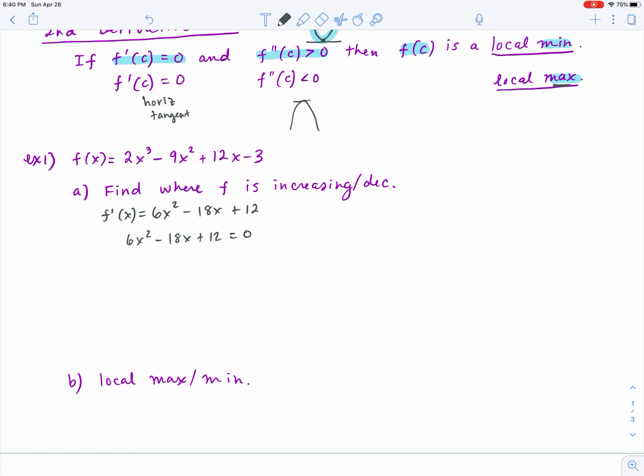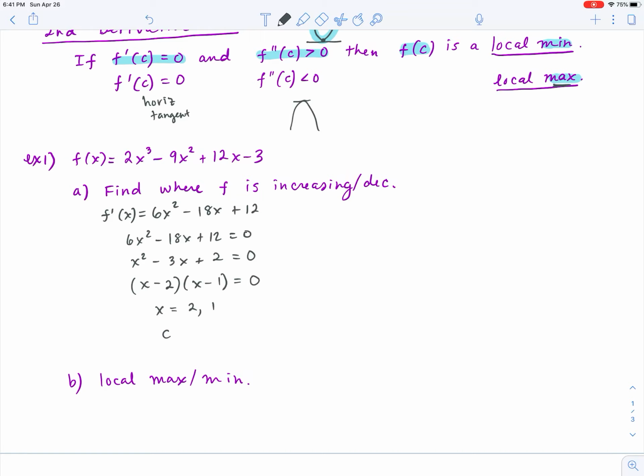I think I want to divide all of that by 6 to make it a little easier to manage. And this factors: x minus 2, x minus 1, multiply together to give us positive 2 and add to negative 3. So we've got x equals 2 and 1.